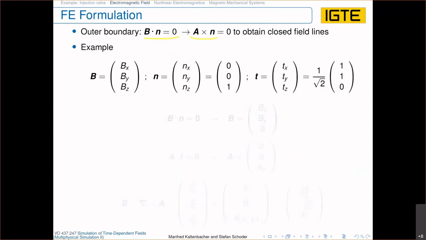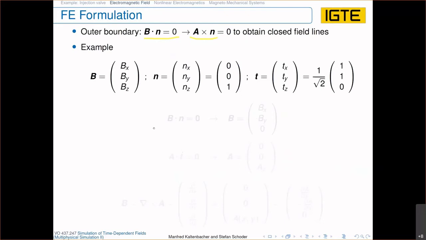Now, the tangential component for such a surface is something like 1, 1, and in order to scale it to a length of 1, it's 1 over the square root of 2. Is it clear? So this is then the tangential plane, so it is really the tangential vectors on this surface.